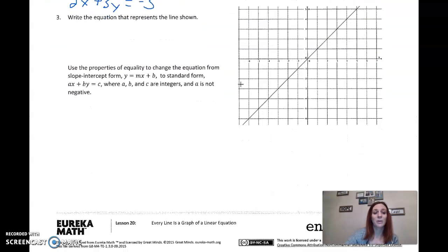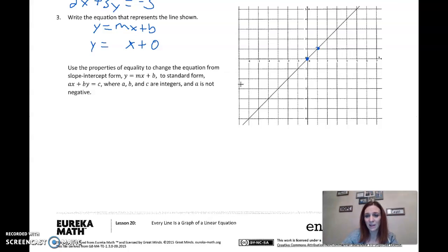Okay, slope-intercept form, we start there. It's easiest to start there. Our slope times x plus our b. So if I look at this line here, I can see that my b is just 0. Awesome, so I'm adding 0. What is my slope?